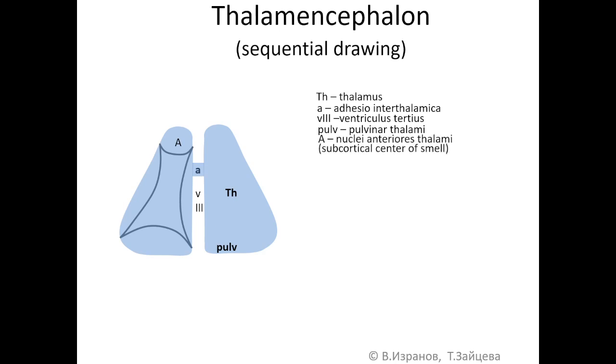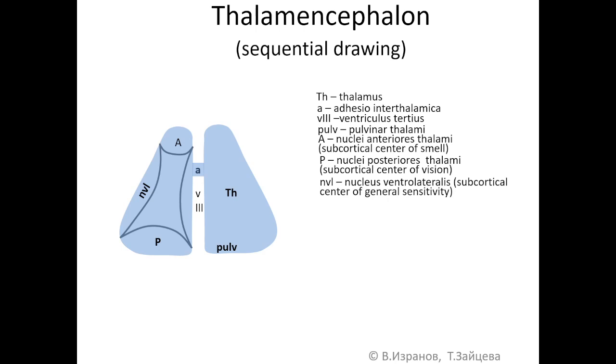A are the nuclei anterioris thalami, which are subcortical centers of the smell. B are the nuclei posteriores thalami, which are the subcortical centers of vision. N, M, L, nuclei ventrolaterales, which are subcortical centers of the general sensitivity.